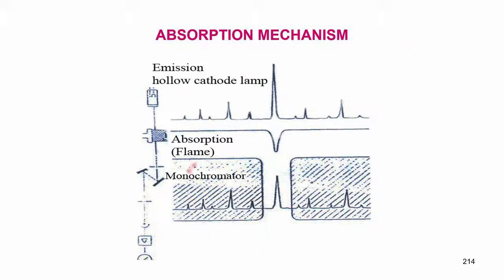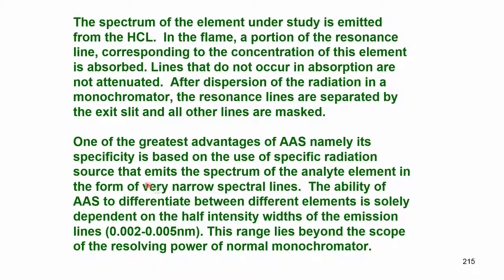We have already separated these lines, and the radiation coming through this diffractometer, lens, concave mirror and all the combinations will be there. Only this line will be measured. One of the greatest advantages of the atomic absorption spectrometer is its specificity based on the use of a specific radiation source that emits the radiation of the spectrum of the analyte element in the form of very narrow spectral lines.